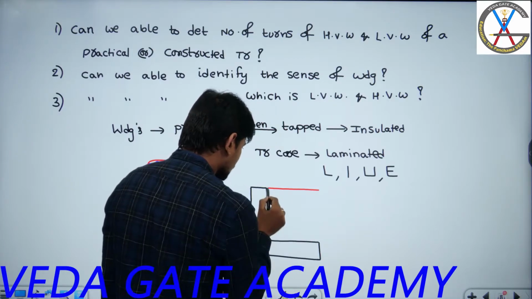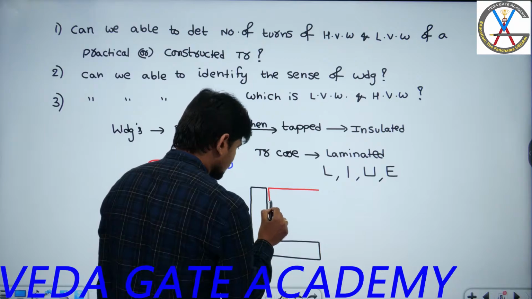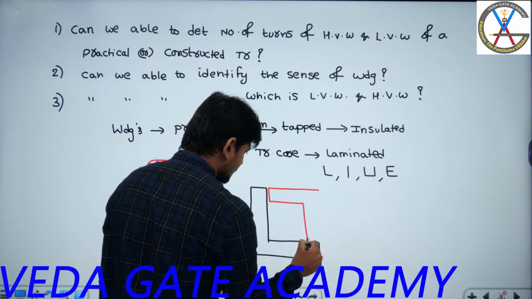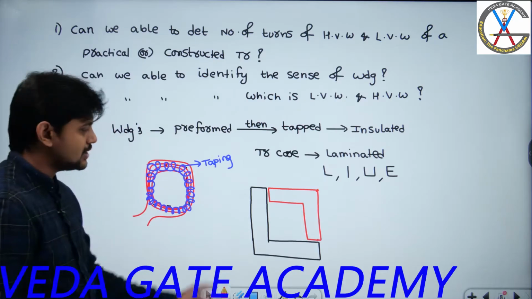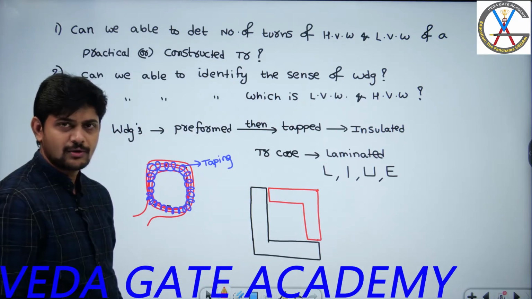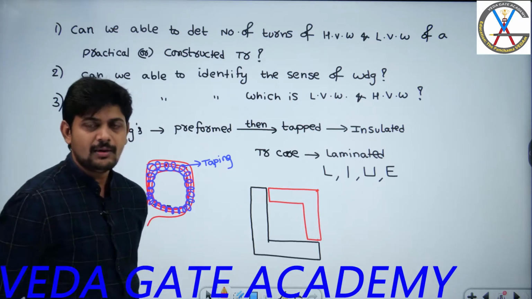I am weak in drawing diagrams, please bear with me. Yes, this is another L-shaped magnetic plate. So the resultant shape is the required core type transformer.